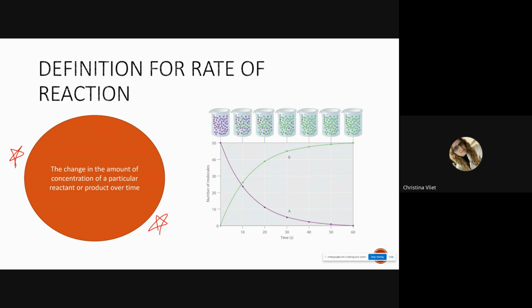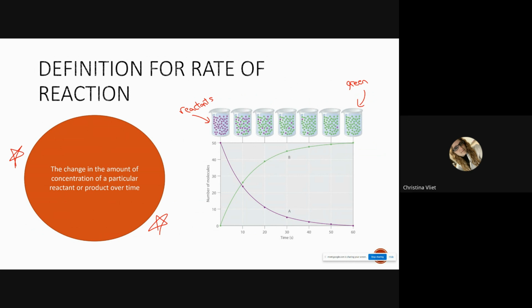This graph is time versus number of molecules. Unfortunately, I don't have the money to always print in color for you, so the colors are here, but they're not printed in color on your paper. Purple represents reactants, and green represents products.